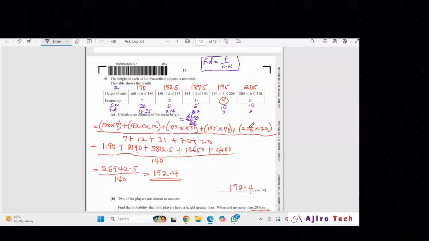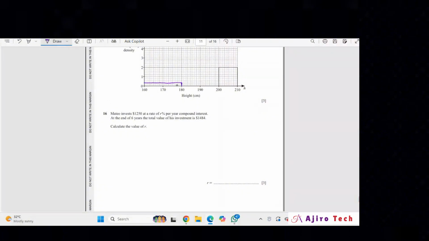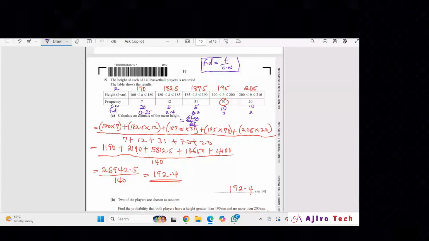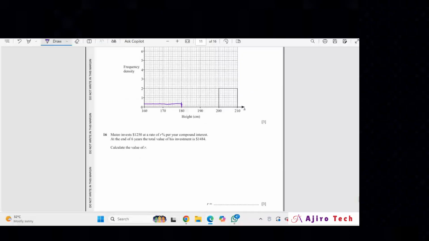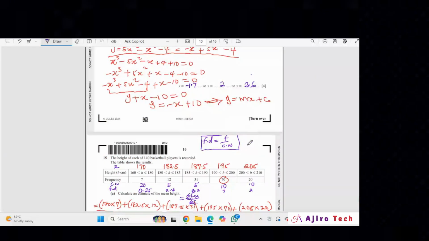Next is 2.4. 2.4 will be up here, because here will be 2. 2.4 will be where? 185. Where is 185? This is 180. The first one is 180, right? Yes, it's 180.